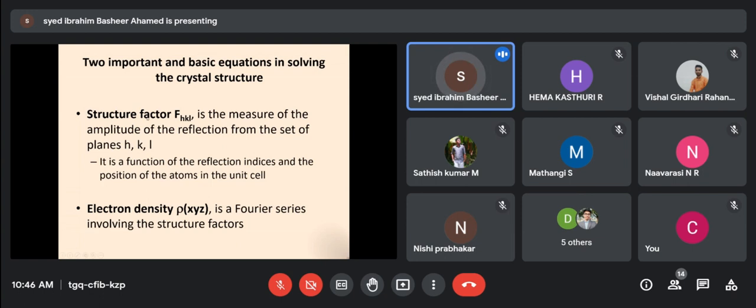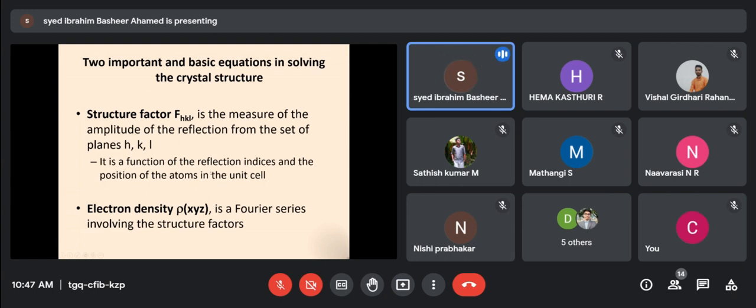The structure factor is the measurement of the amplitude of the reflection from the set of planes hkl. It is a function of the reflection indices and the position of the atoms in the unit cell.